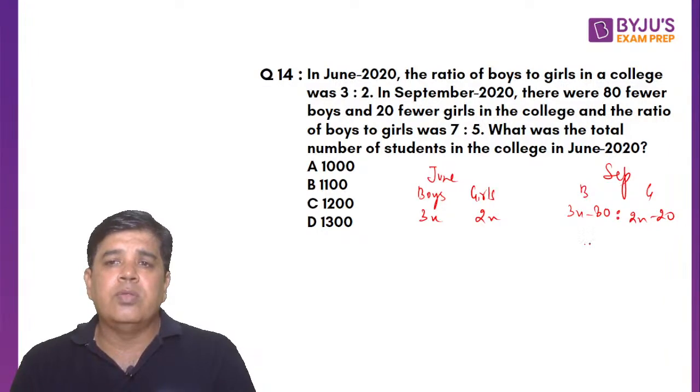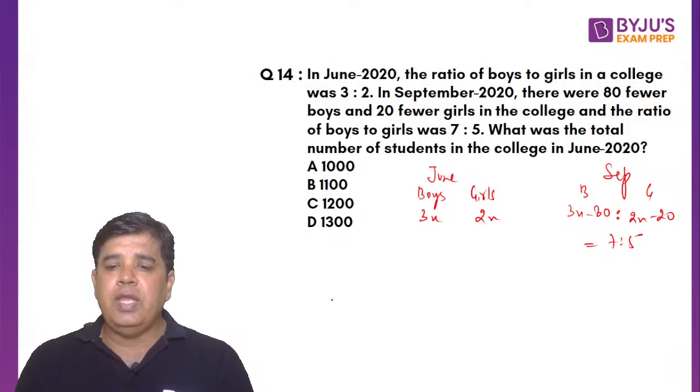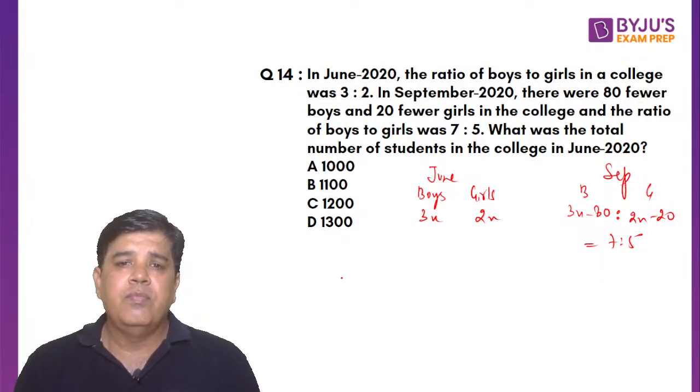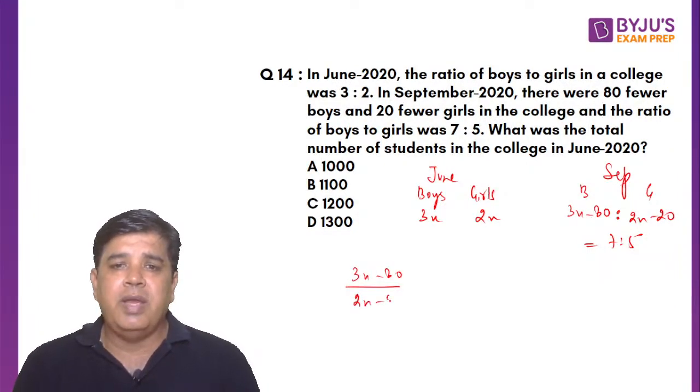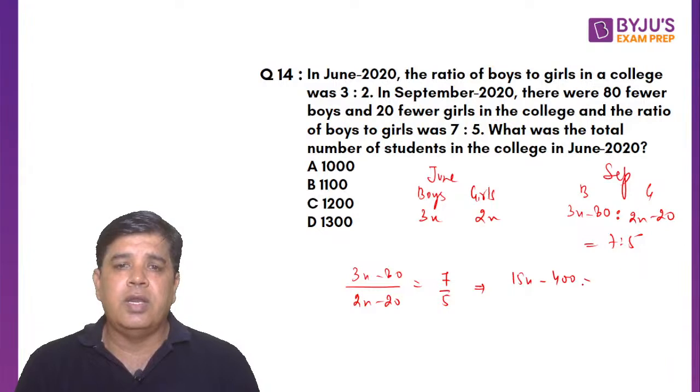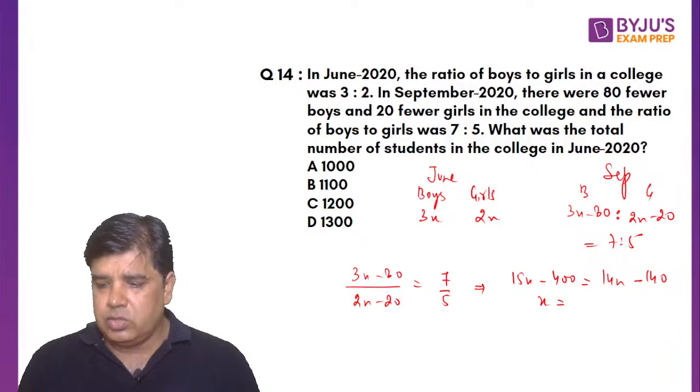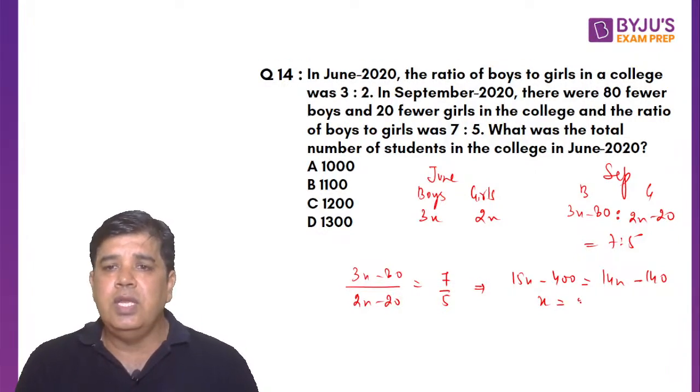But the ratio is now 7:5. So (3x minus 80) over (2x minus 20) is 7/5. 15x minus 400 is equals to 14x minus 140. So x is equals to 260.